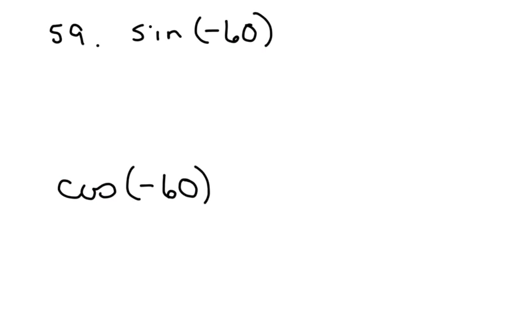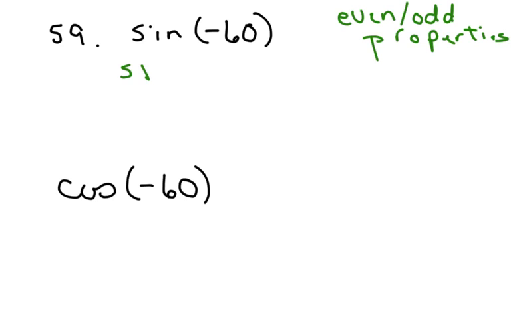Okay, we're determining even and odd properties. Like I said, by now you've gotten used to these videos, so I'm going a little faster. Sine is an odd property, so since it's odd, I can rewrite this as negative sine of 60.